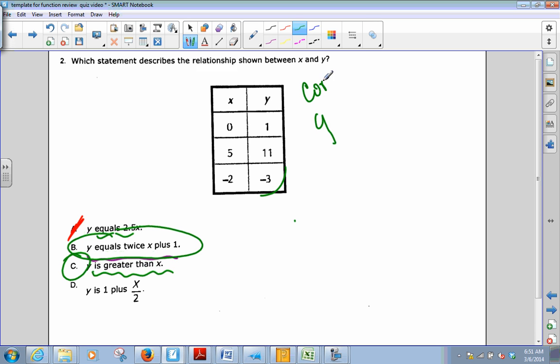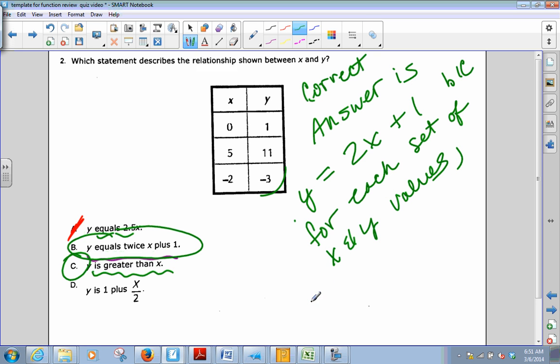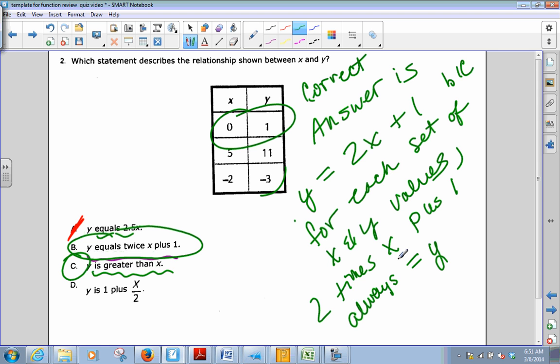So another thing you could write: correct answer is y equals 2x plus 1 because for each set of x and y values, or you could say ordered pairs, 2 times x plus 1 always equals y. So you can go back and say why your answer was wrong, or you can say why the correct answer is what it is. You don't have to do both, but you got to make sure that you do one.